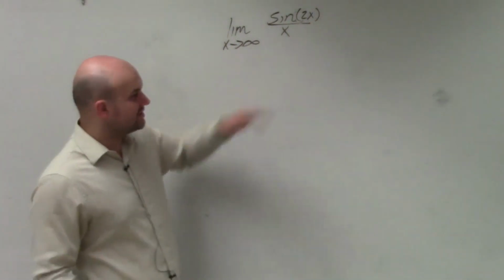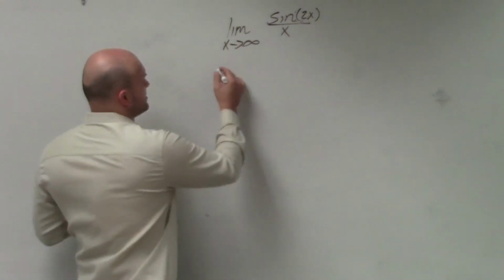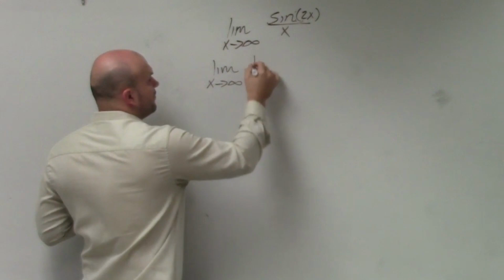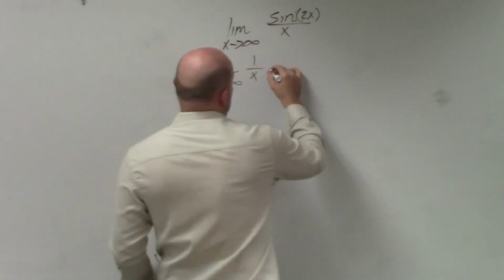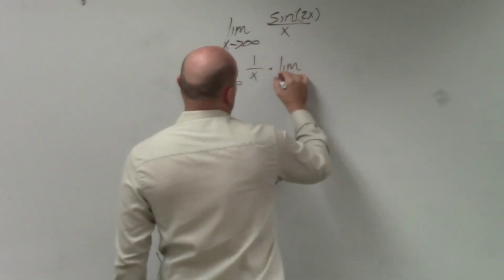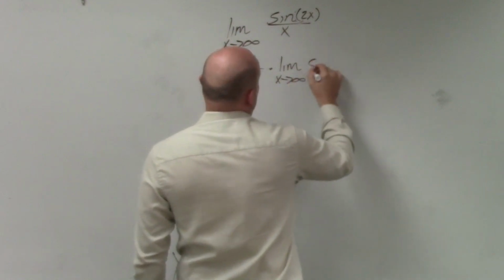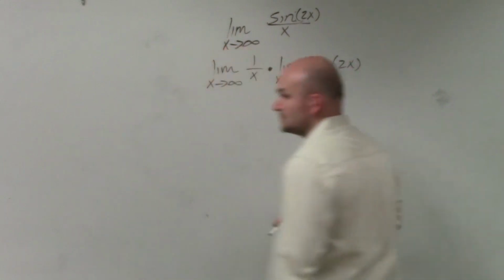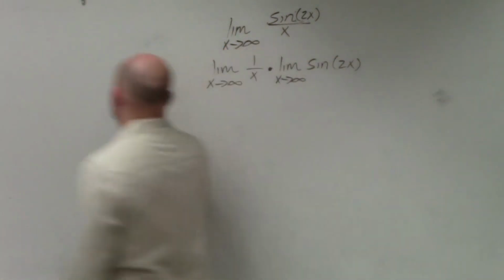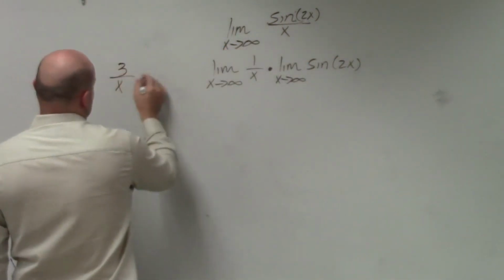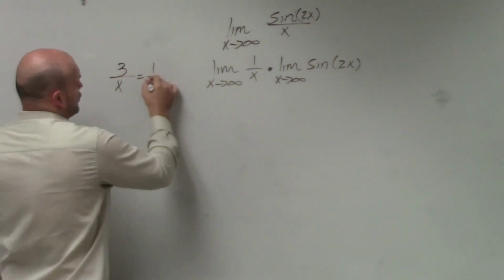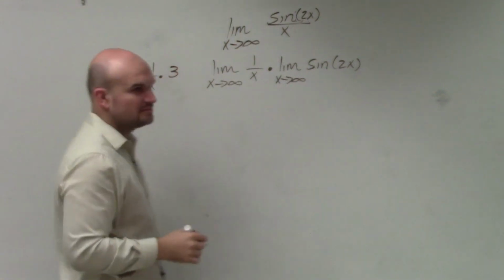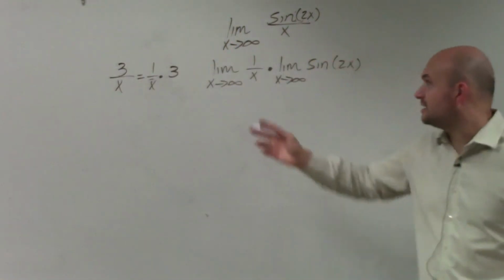But if you guys kind of look at this, we can break this apart into the limit as x approaches infinity of 1 over x times the limit as x approaches infinity of sine of 2x. Because do you guys agree? It's like saying 3 divided by x is equal to 1 over x times 3. Do you guys kind of see how I just did that?